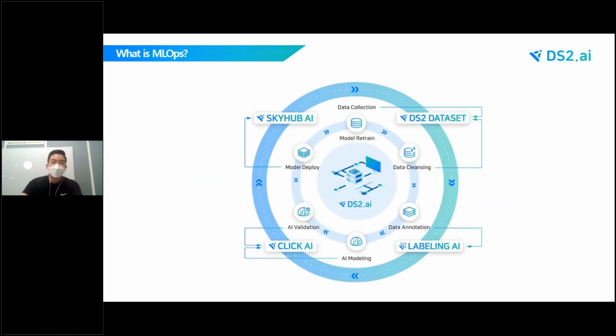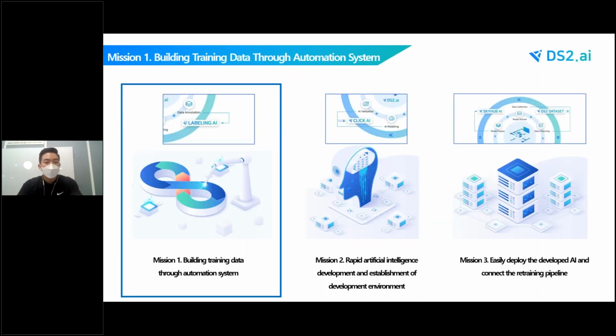So from now on, I'm going to give you a technical explanation on how each solution has automated machine learning pipeline elements at DS2AI, which is a data-centric MLOps solution. So as we created the solution, we challenged three major missions.